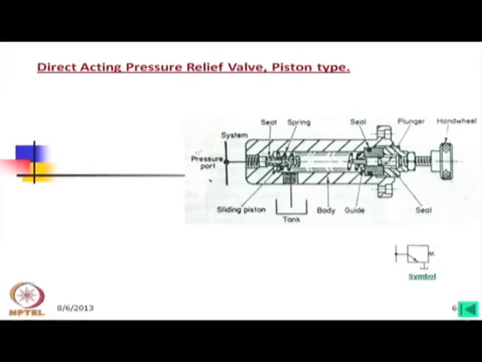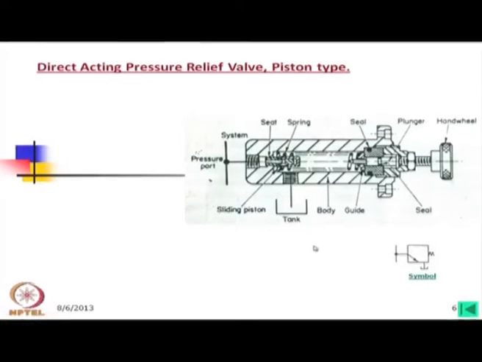In case of the cone, that was directly hitting the cone seat. In this case, this piston is moving, so the sound will be less. So, it is slightly better than the other one, and the same symbol is used.